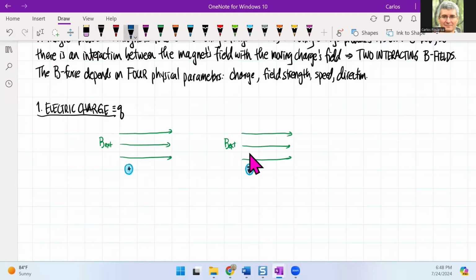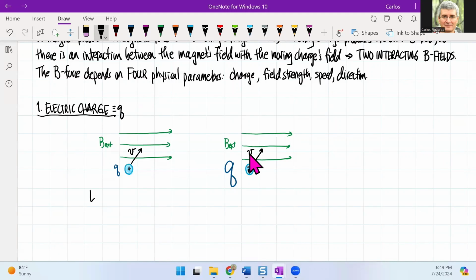We clearly have a smaller charge here, and a larger charge there. So if the external field is fixed and the charges are different, the only other thing that could matter is the velocity. We're going to assume that we do not change the velocity.